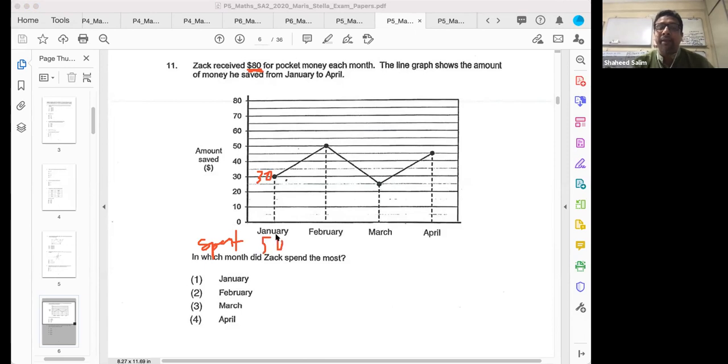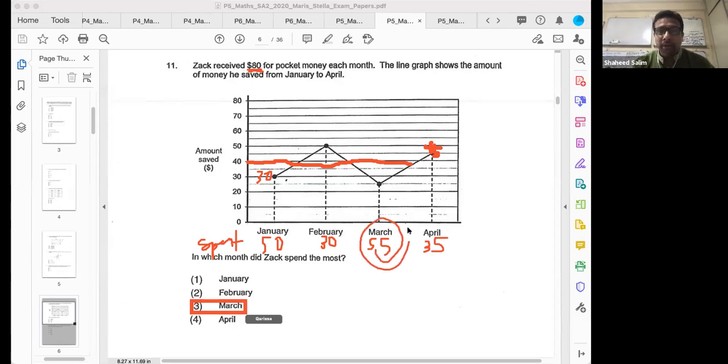How do you get 50? 80 minus 30, 50. Save 50 means spend 80 minus 50, 30. Next one, save 25. Spend 80 minus 25. How much do you get? 55. The last one, 45. So 80 minus 45, 35. So which one do you spend the most?